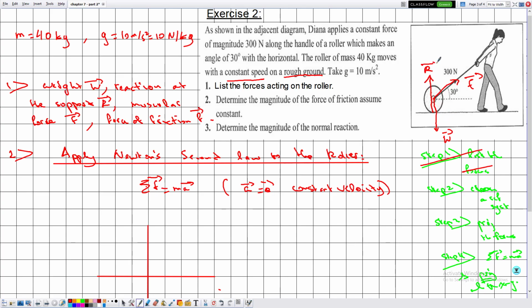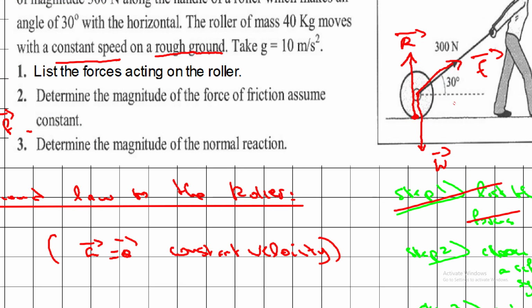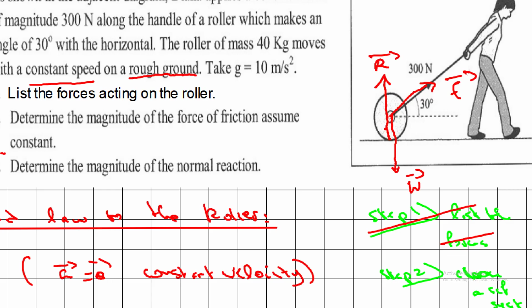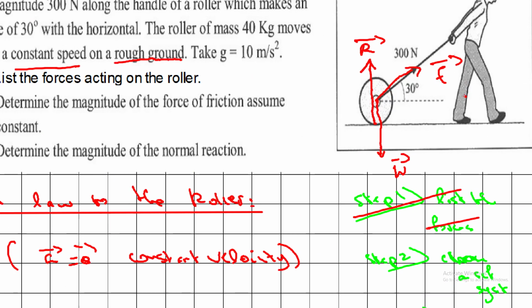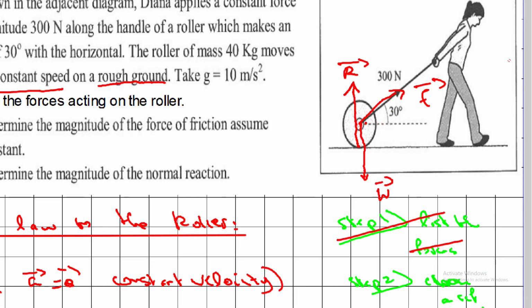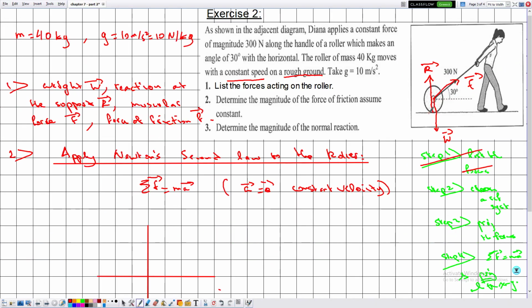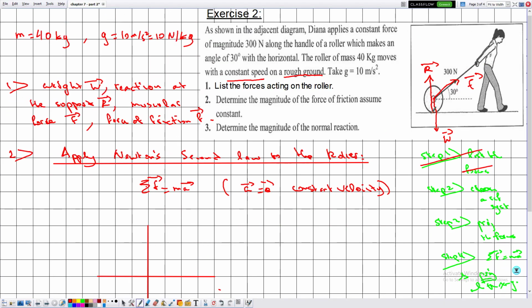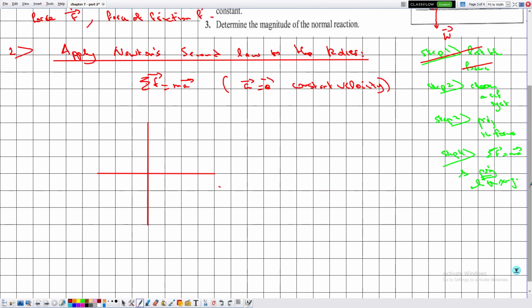So this is R. Moreover, at this point we have the friction force. The friction force may be like this or like this. Recall that the reaction of the support is perpendicular to the support, while the force of friction is along the support. Notice that the roller may move like this, so the force of friction is directed in a direction such that it opposes the direction of motion. Now I will represent these forces on the following reference system. So this is X, this is Y.